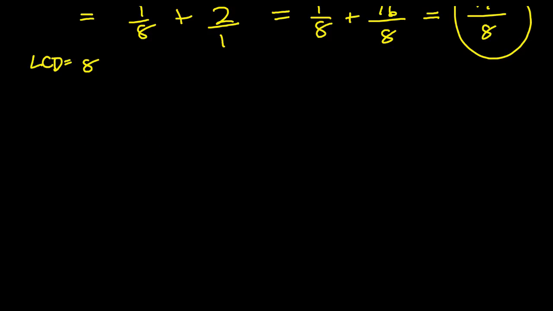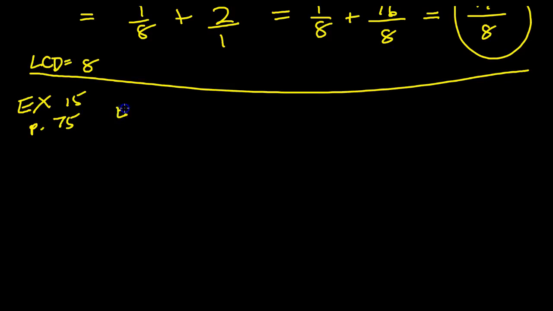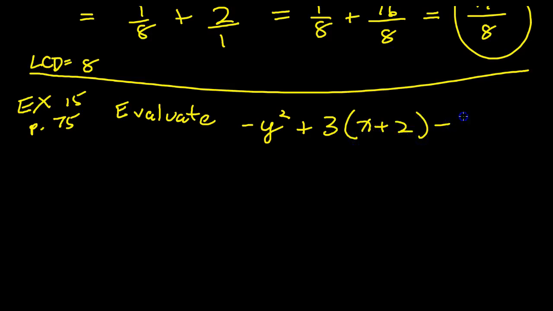All right, last one here. Evaluate. This is going to be example 15 on page 75 in our text. I'll say evaluate this expression, minus y squared plus 3 times x plus 2 minus 5.